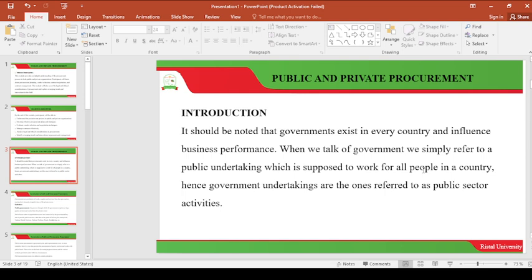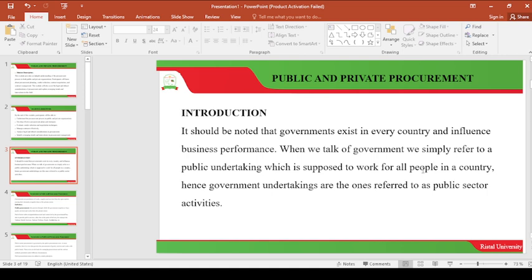It should be noted that governments exist in every country and influence business performance. When we talk of government, we simply refer to a public undertaking which is supposed to work for all people in a country.